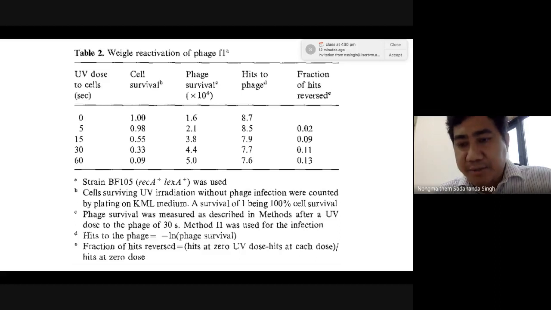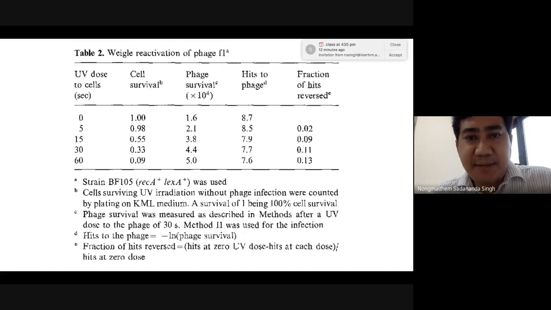Another observation is that in certain circumstances, E. coli could afford to bypass pyrimidine dimers, which are the result of UV radiation exposure.